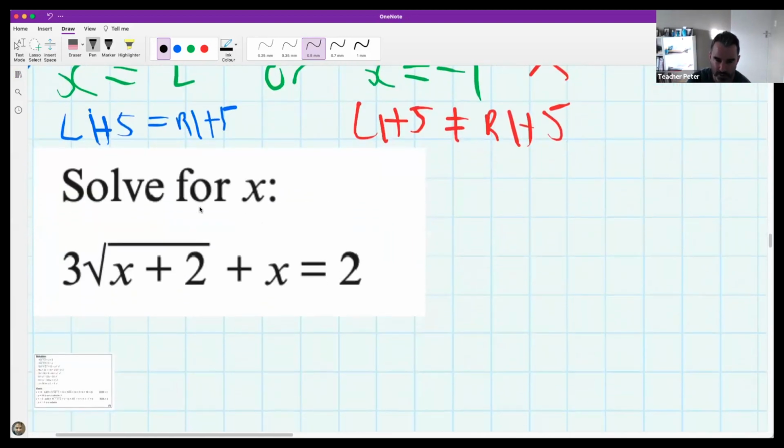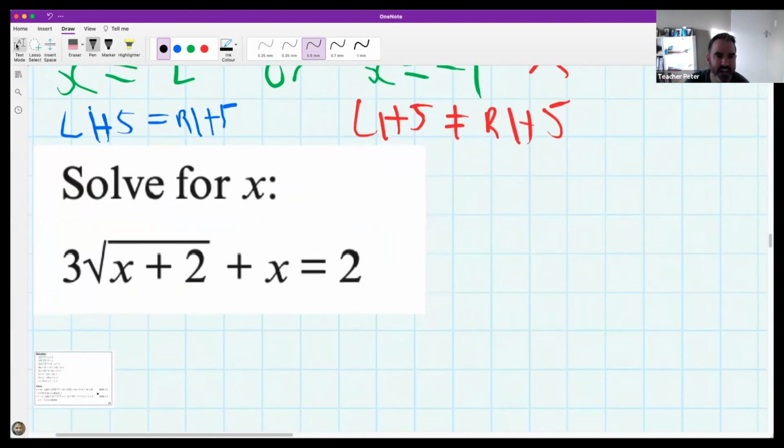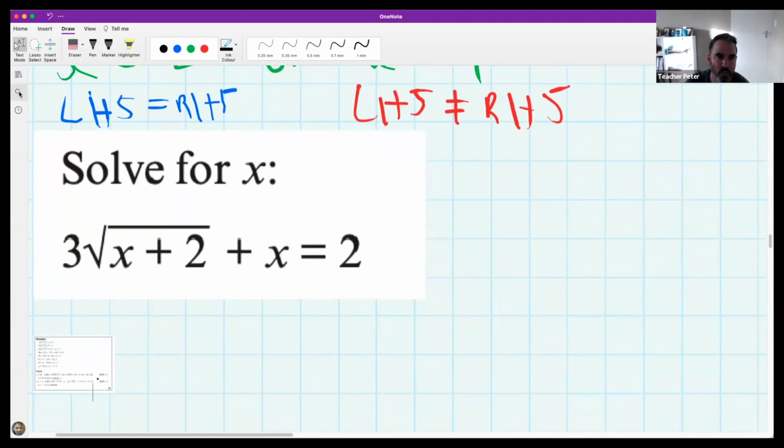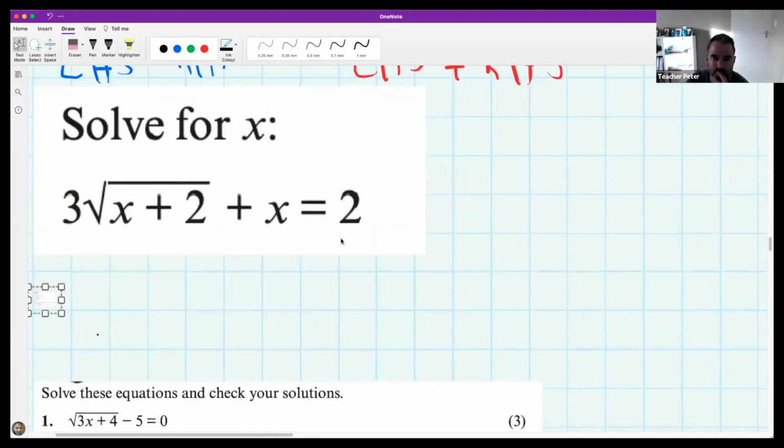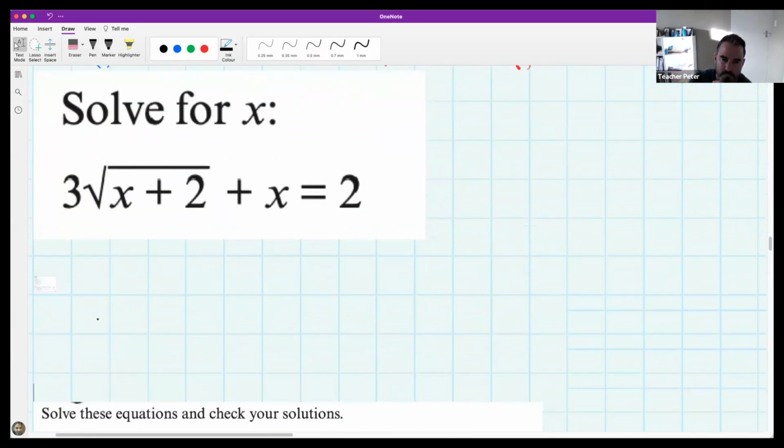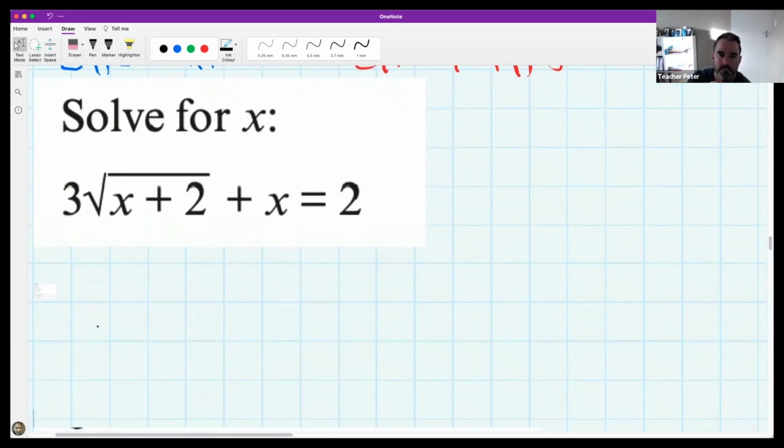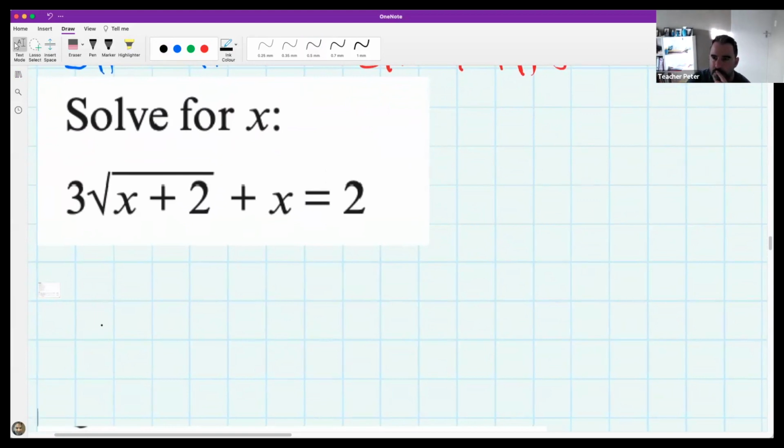This is a much harder one. Why is this much harder? What makes it hard? Who can identify what? You can put your hand up, you can put it in the chat. What makes it harder?